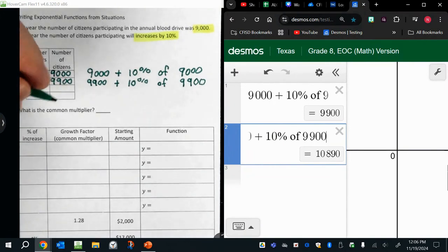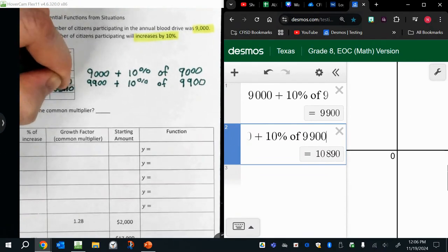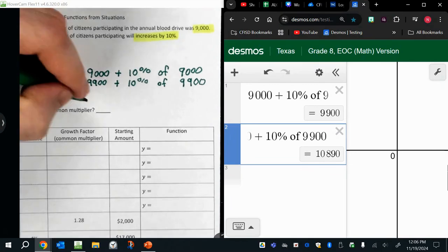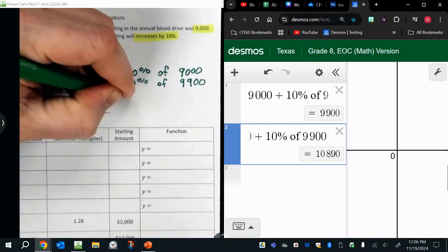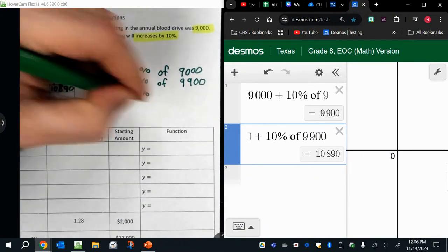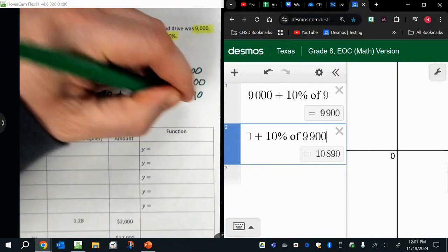Which I get 10,890. So now I'm going to take 10,890 and add 10% of 10,890.